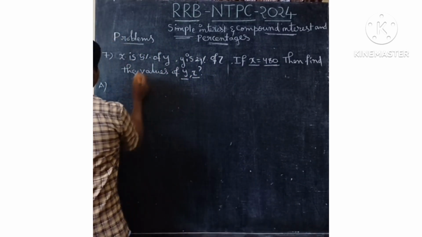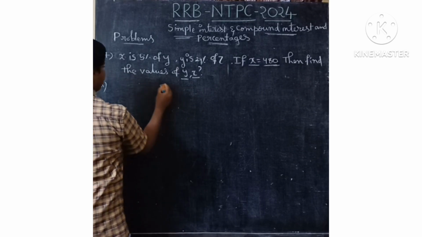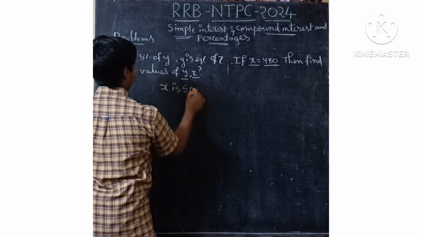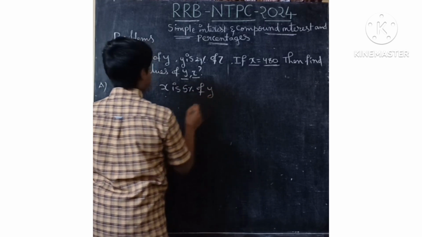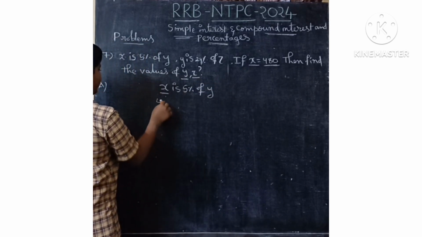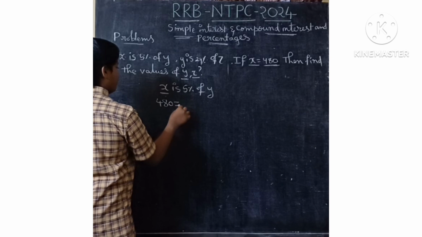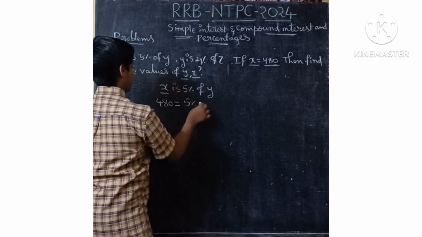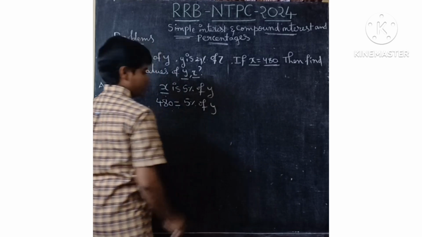So the first equation is x is 5% of y. So x is 480. So 480 equals 5% of y.